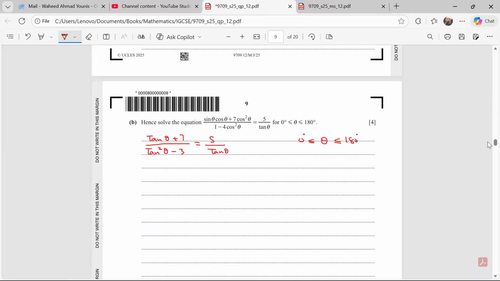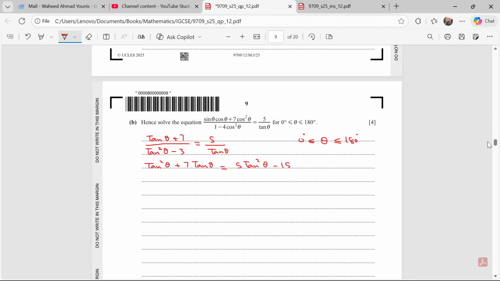Okay, so what should we do? Let's do cross multiplication. So it will become tangent square theta plus 7 tangent theta equals 5 tangent square theta minus 15.